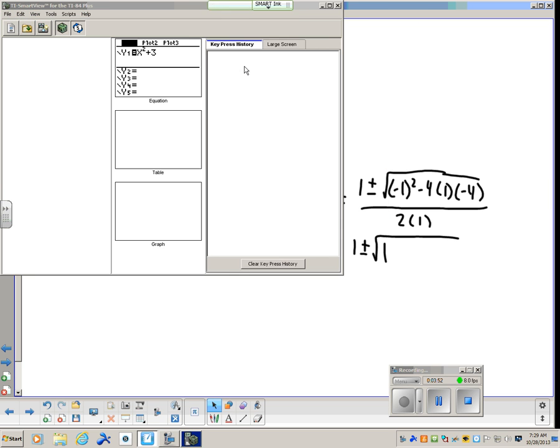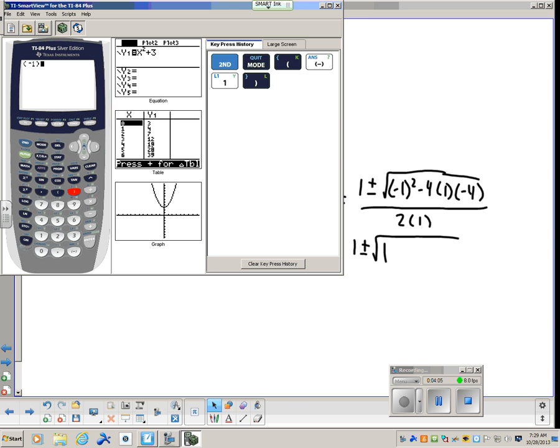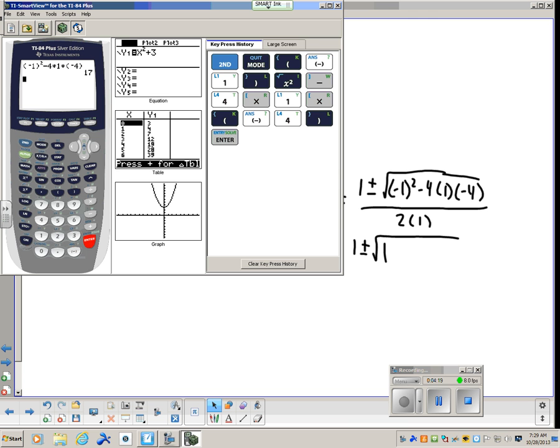I always do what's underneath the square root first. So I'm going to put in parentheses my b term here, and I'm going to square it, minus 4 times a times, I like to put my negatives here in parentheses, times c, and it tells me it's 17.